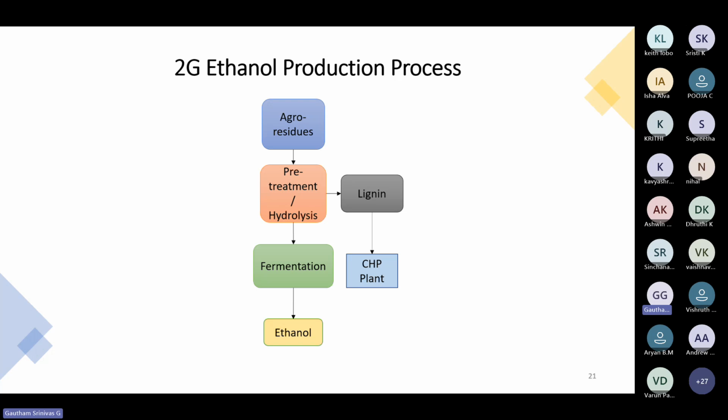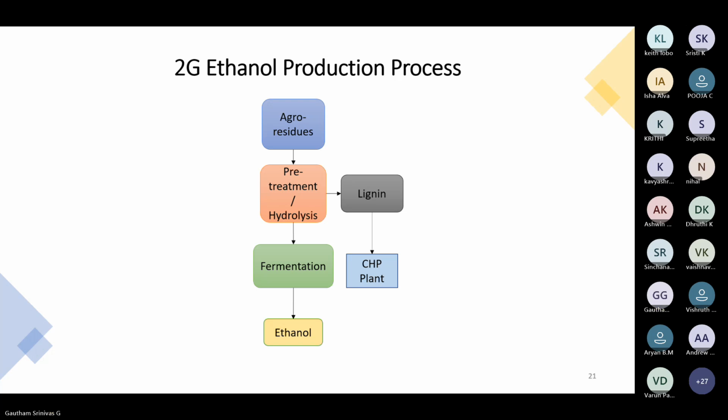So what is the process for producing ethanol through fermentation? So you have the agro residues. You do the pre-treatment and hydrolysis. So in the pre-treatment, you remove the lignin from the biomass. So you separate out the lignin. Okay. The lignin is a byproduct. It's again combustible. It can be used in a CHP plant that produces heat and power for use in this plant itself.